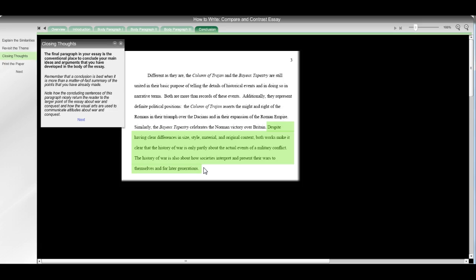Note how the concluding sentences of this paragraph nicely return the reader to the larger point of the essay about war and conquest, and how the visual arts are used to communicate attitudes about war and conquest. Next screen.